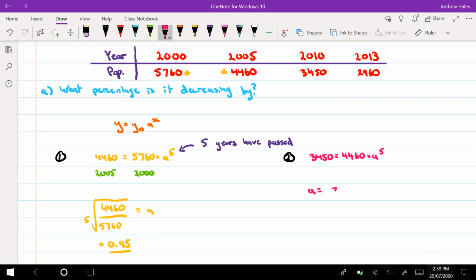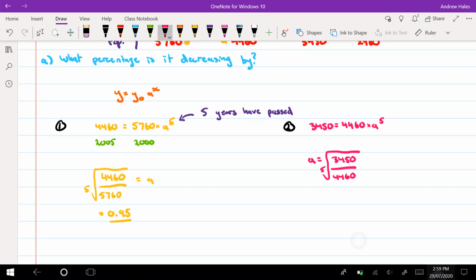A equals 3450 over 4460 to the power of 1 over 5. And then that is going to be equal to 0.95.